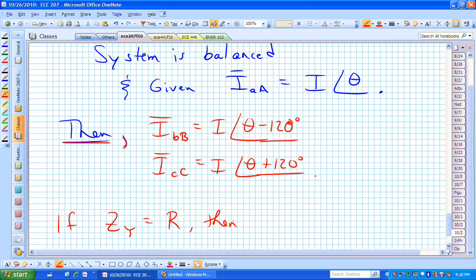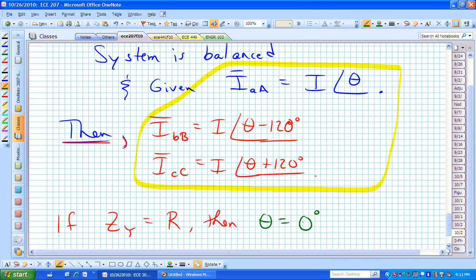And now let's show why that's true. I hope you now feel okay with this relationship on our line currents. This is just going to help me sketch the picture a little easier. If I assume Z sub Y is R, then this theta in the above current is 0 degrees, meaning my current is in phase with my voltage.